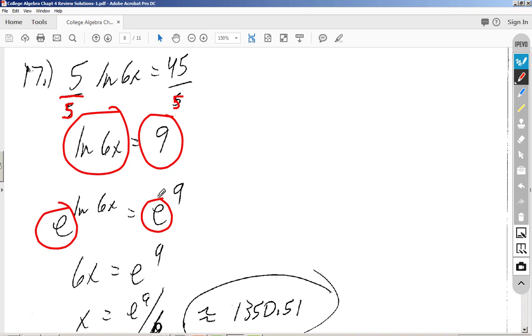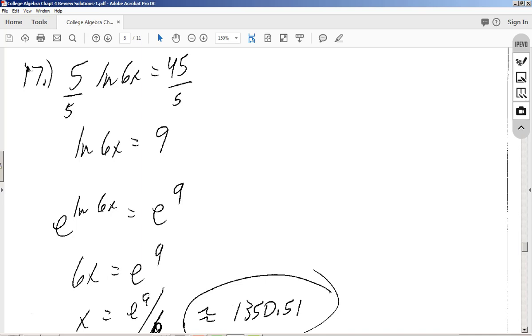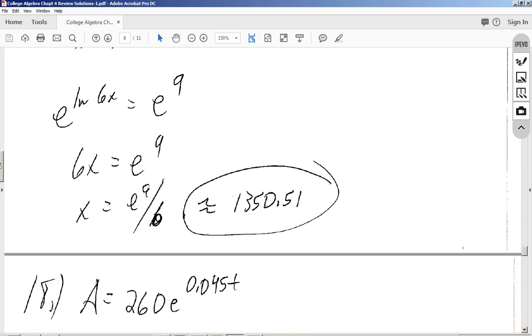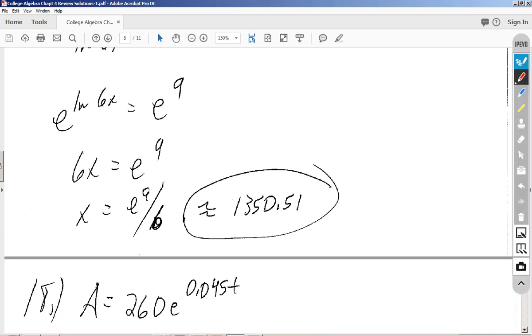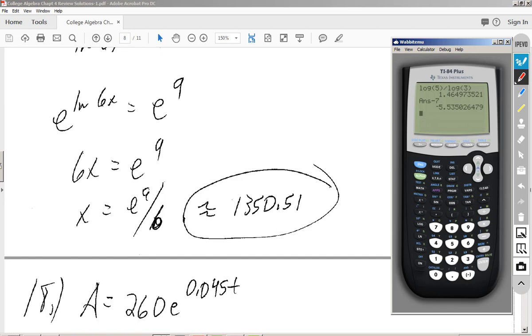Now that I've based e both sides, that's going to cross out. I'm just going to be left with 6x equals e to the 9th. Now to finish off this problem, I'm just going to divide both sides by 6. And when we divide both sides by 6, I get e to the 9th all over 6. And then I'm just going to type that into my calculator and find that decimal answer.